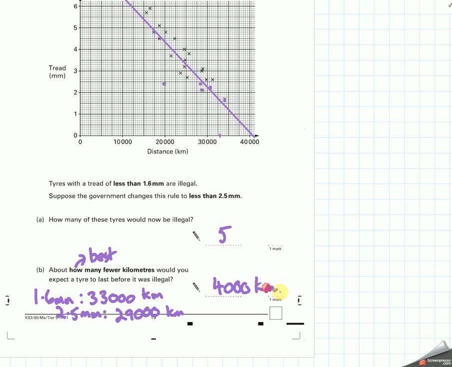You'd be given some leeway with this. I expect somewhere between 3,500 and 4,500 kilometres would be the expected answer. So you would be allowed anything 3,500 to 4,500 because it depends on where you put this line. That's my best guess.